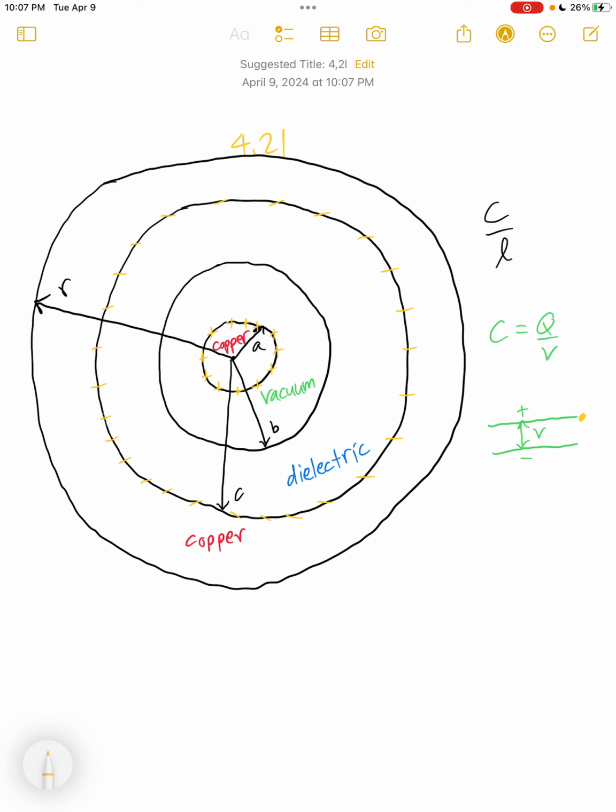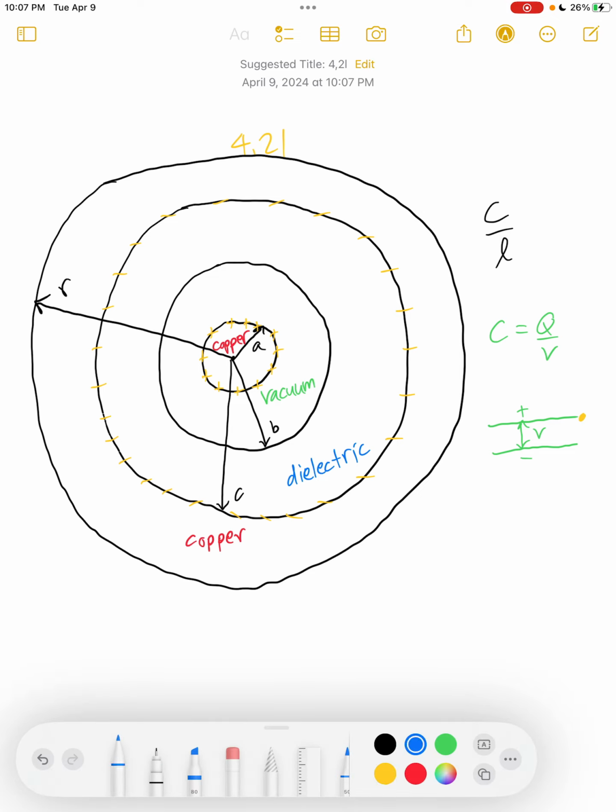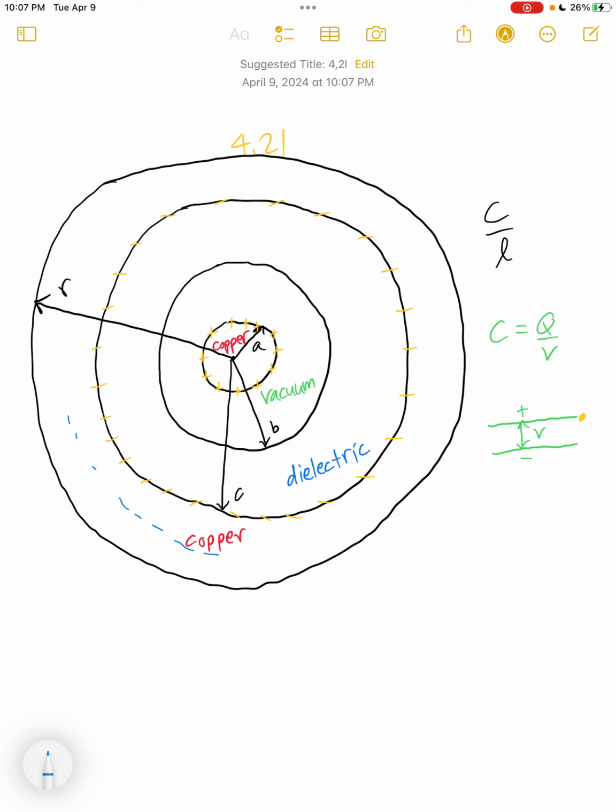And if you draw a little Gaussian cylinder for yourself, you can convince yourself of two things. So we know that E is 0 within the conductor.